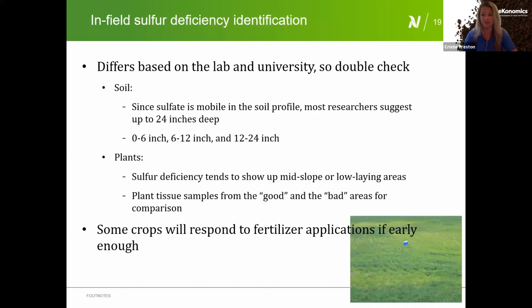But since sulfate is mobile within the soil, it's not the best ever for making nutrient recommendations. And that's why we talked about the crop removal. And with plant sampling, you could potentially take whole plant samples at maturity or have your grain analyzed for sulfur concentration just to see how much is actually being removed, because it is dependent on different varieties, different hybrids.